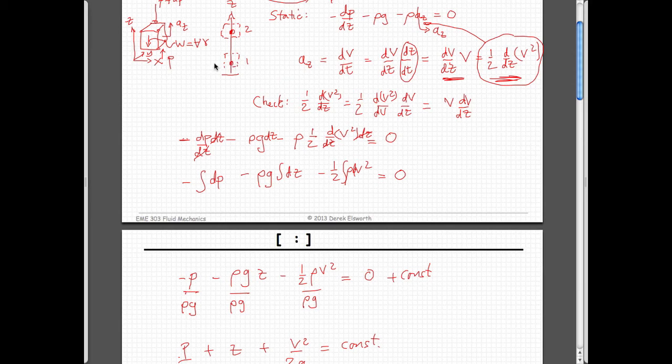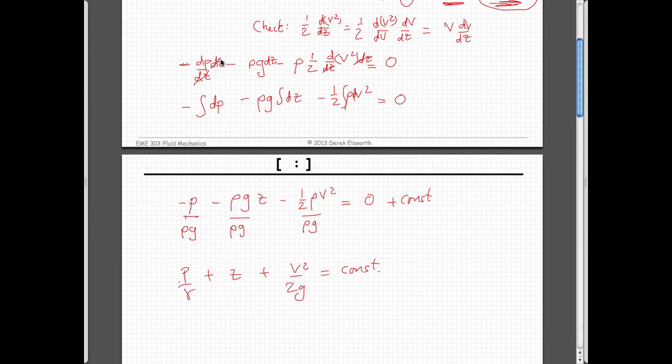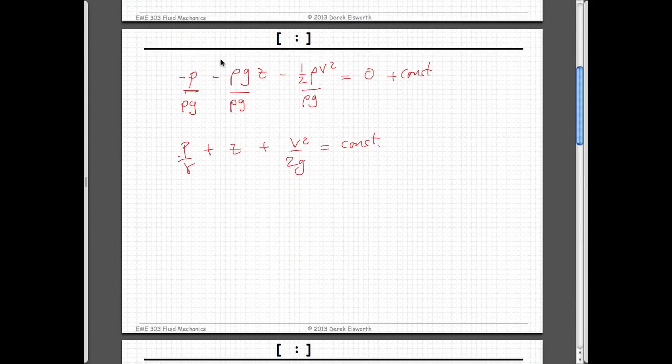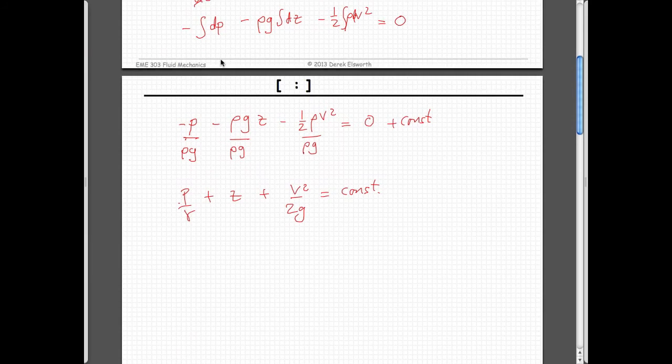So it has a particular velocity, v1 at this point, pressure 1 at this point, and elevation 1 at this point. And at this other point, it has a velocity which may be different, a pressure which may be different, and obviously in this case, certainly an elevation which is different because they're separated by some physical elevation. And so that's basically how we get Bernoulli's expression to represent our behavior for our system.